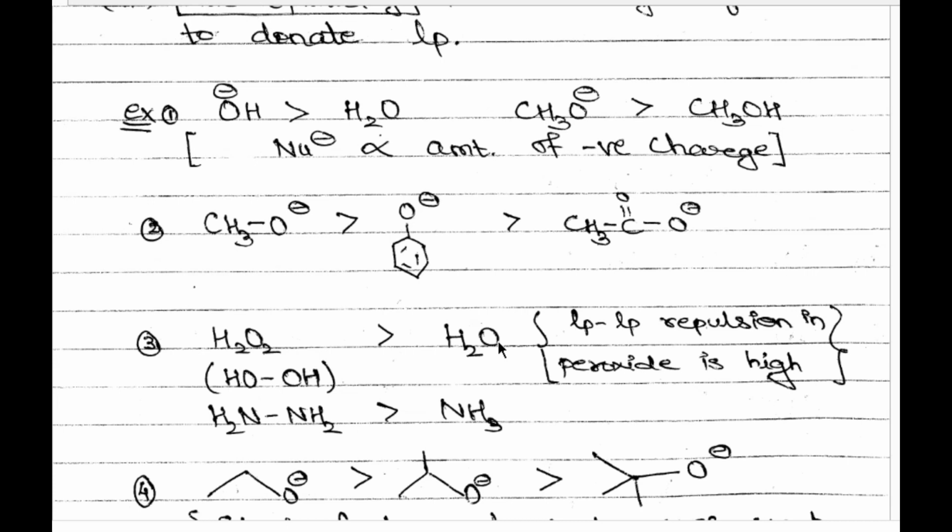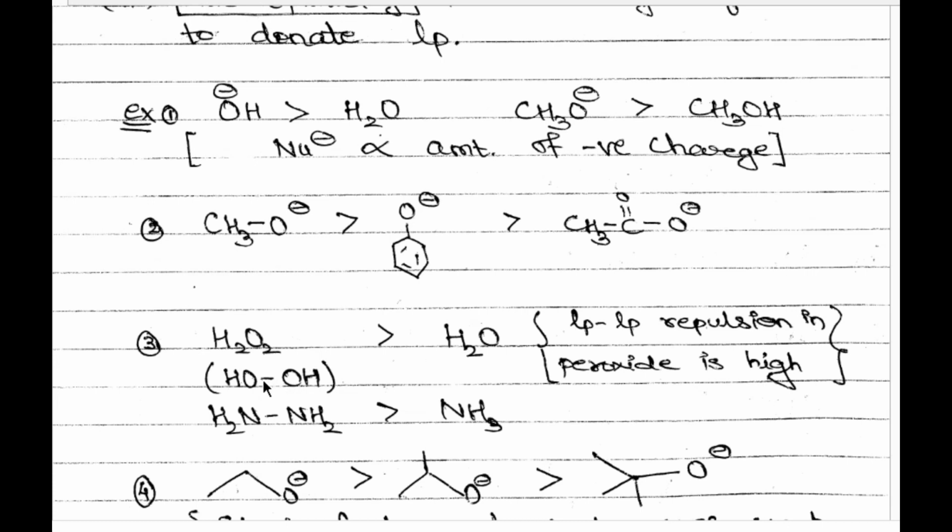But when we compare nucleophilicity, peroxide is a better nucleophile than water. Remember, here the nucleophilicity doesn't parallel basicity. In fact, it is the reverse scenario. So why is peroxide a stronger nucleophile? We know that peroxy compounds are joined with oxygen single bond oxygen.